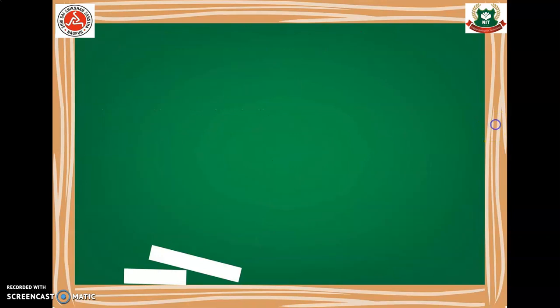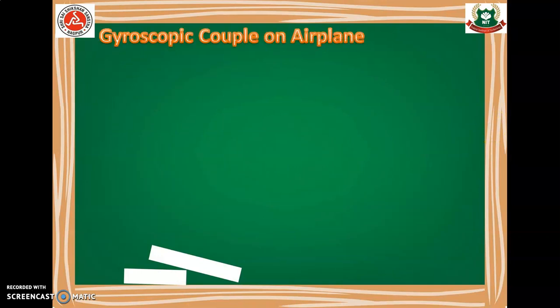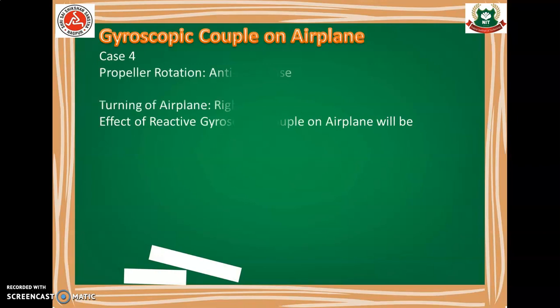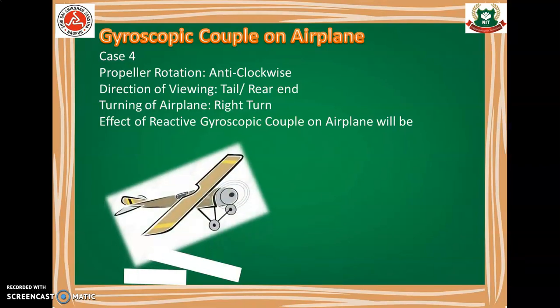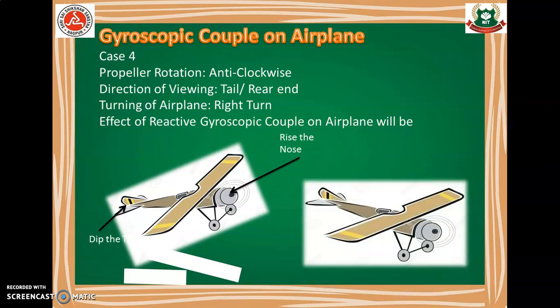Now let us see the case number 4. In case number 4, the propeller rotation is in anti-clockwise direction. Direction of viewing is from the rear end or tail end. The plane takes a right turn. So the effect of reactive gyroscopic couple on airplane will be, it will raise the nose and dip the tail as compared to the normal conditions.